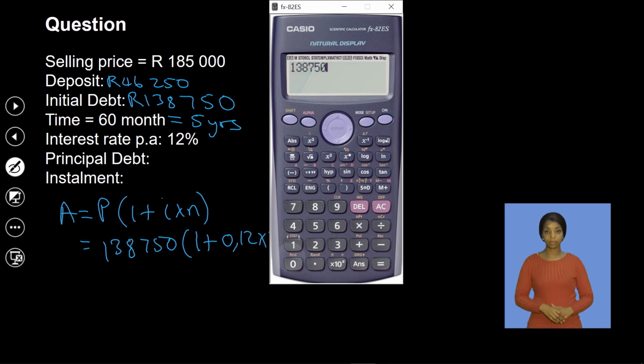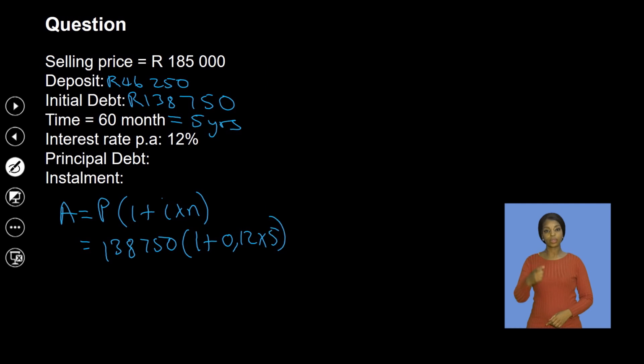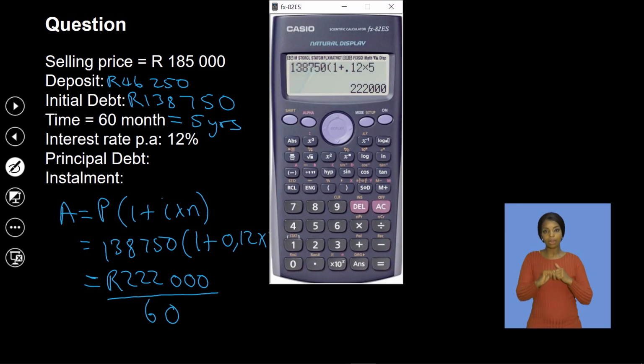And then if we calculate this, I will have 138,750 into 1 plus 0.12 multiplied by the 5 years. And my answer there will be 222,000, right? So this will be 222,000. Now we want to know that if this was to be paid in 60 equal installments, how much will she actually pay?